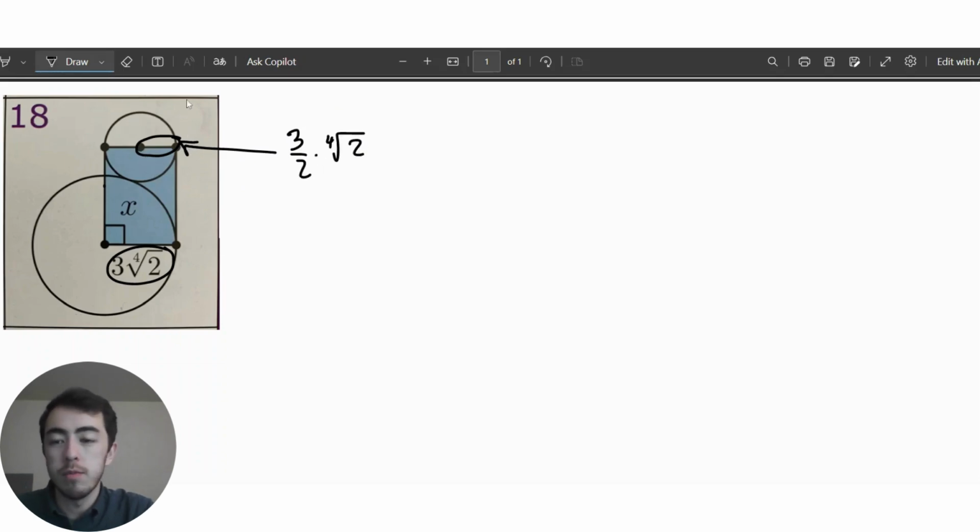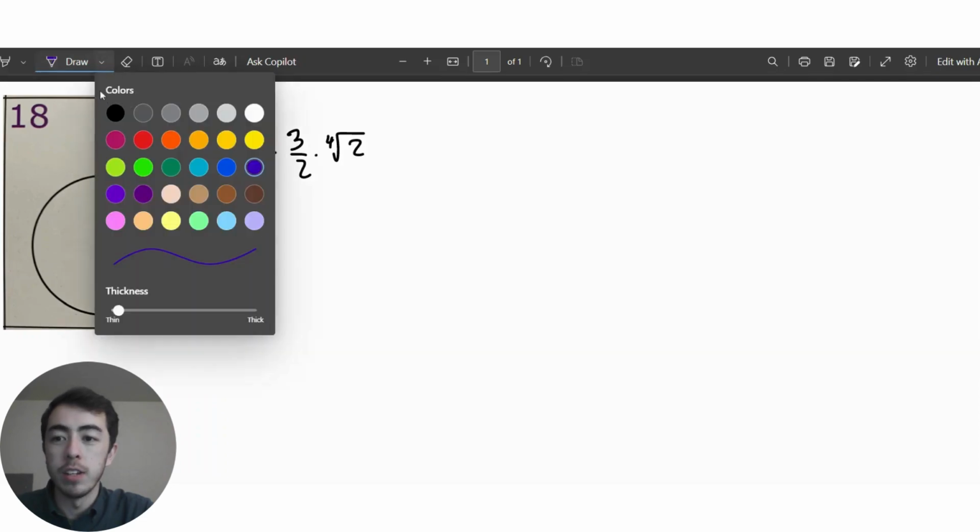And from knowing the radii, if I look at it in a specific way, if I line it up here and then I line it up here, I'm drawing a straight line from one center to the other. That's just going to be the two radii added to each other.